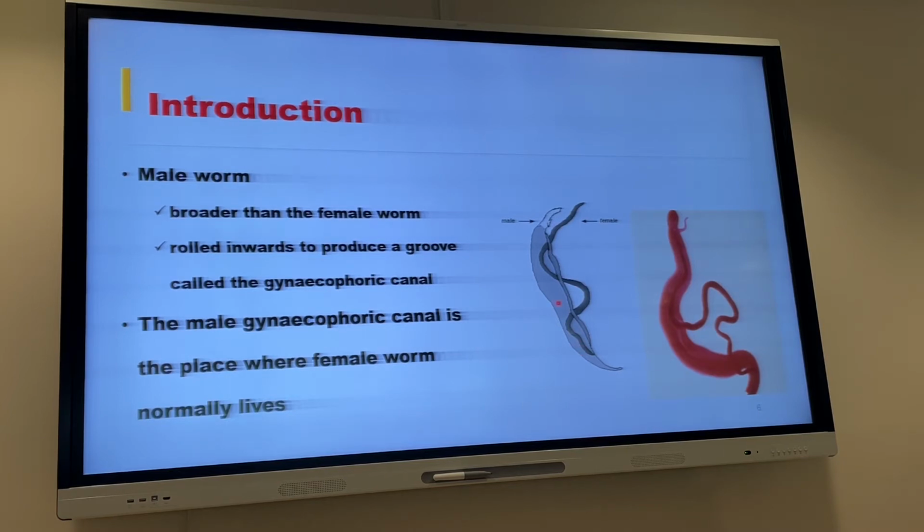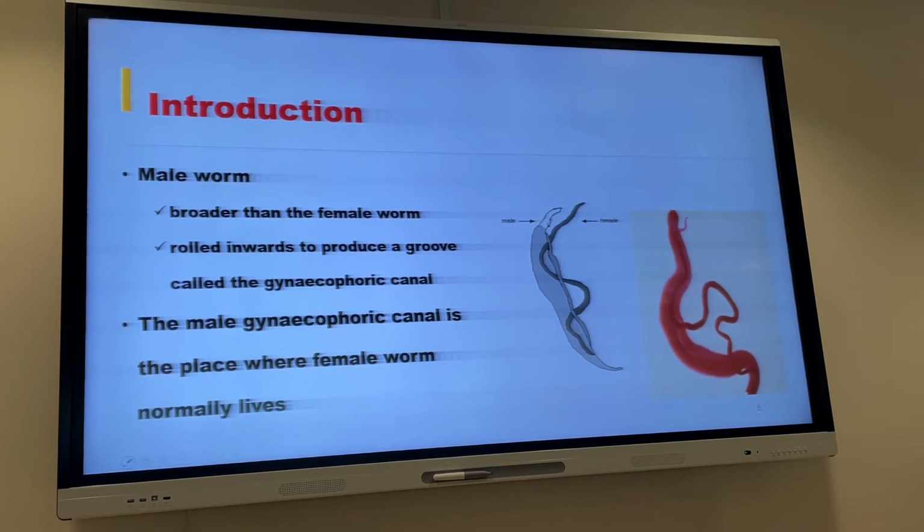So here you have the diagram, and of course you have the suckers. The suckers are for attachment, remember. So here is an actual picture of the adult worms. The female worm is within the gynecophoric canal of the adult male.